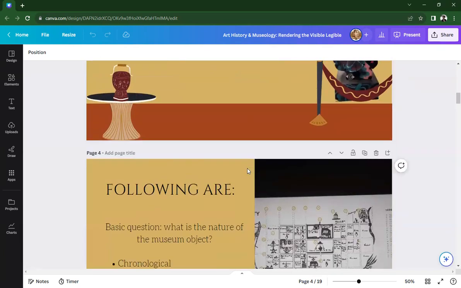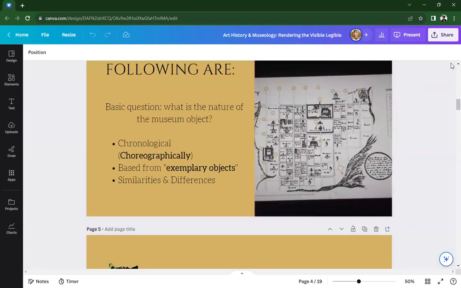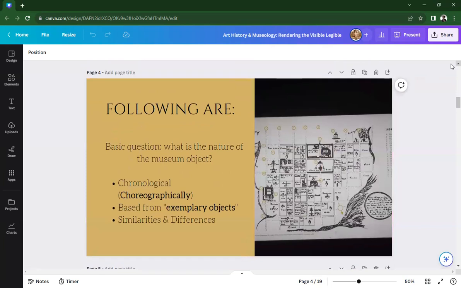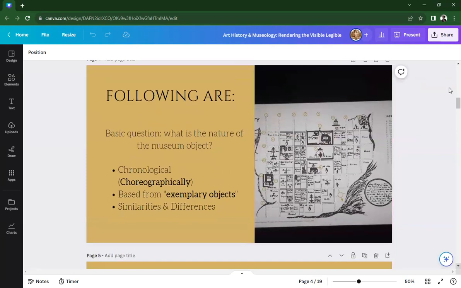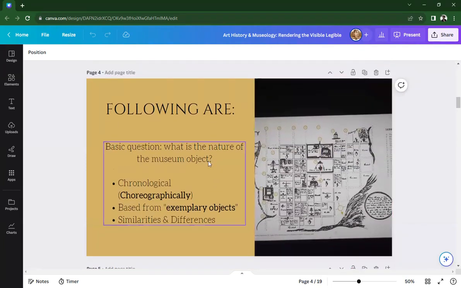So for the introduction, what is art history and the brief description of museology? So the basic question, what is the nature of the museum object? For example, this is an image taken from the newly opened National Museum of Cebu, here in Cebu City.